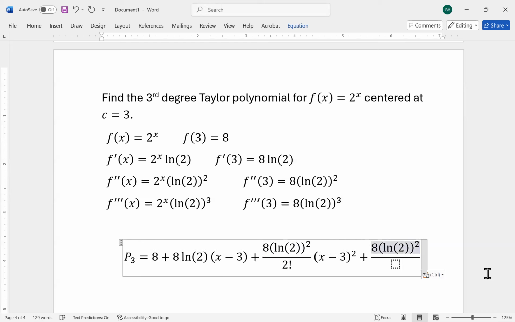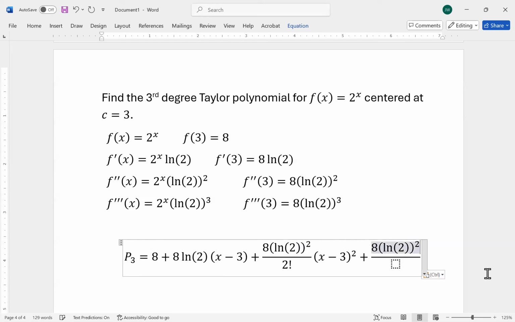And then 8 over 3 factorial, that's 8 over 6, which is 4/3 if I reduce. So if you want to reduce, this reduces to that. I tend not to. I tend to leave it this way. Although when I write my answers, a lot of times I do reduce. I shouldn't say that. So it goes both ways, I guess.